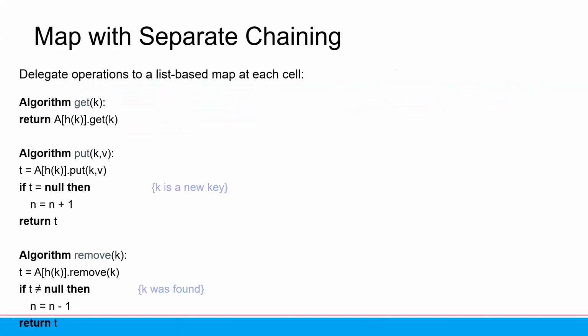This is the algorithm for the separate chaining. If I want to get the value, I use h(k), which means the hash function of the key k, and then I get the value for k.